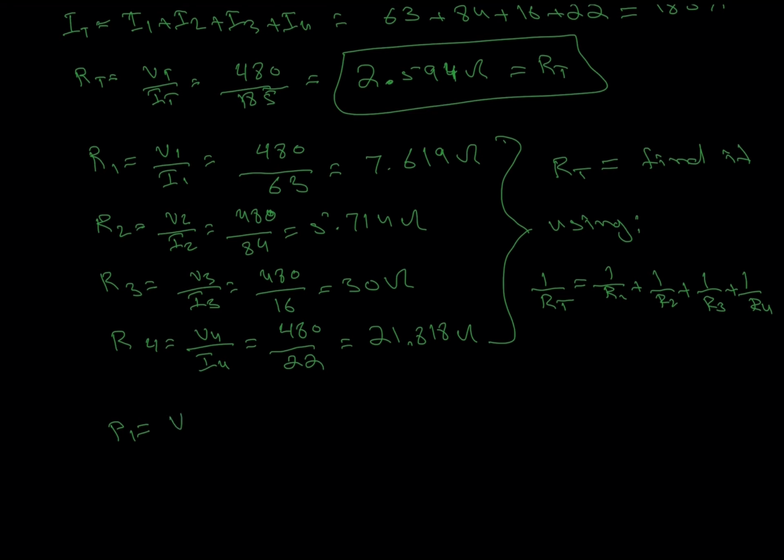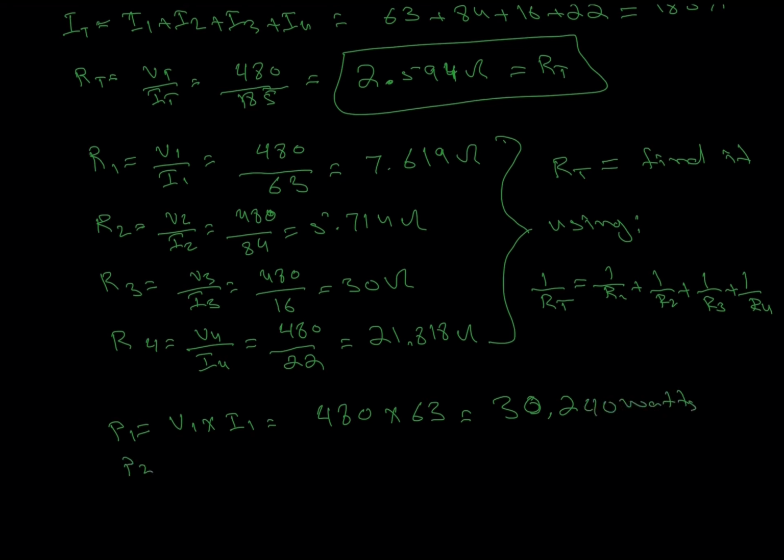P1 will be V1 times I1. V1 is 480. I1 is 63. So 480 times 63 will give me 30,240 watts.